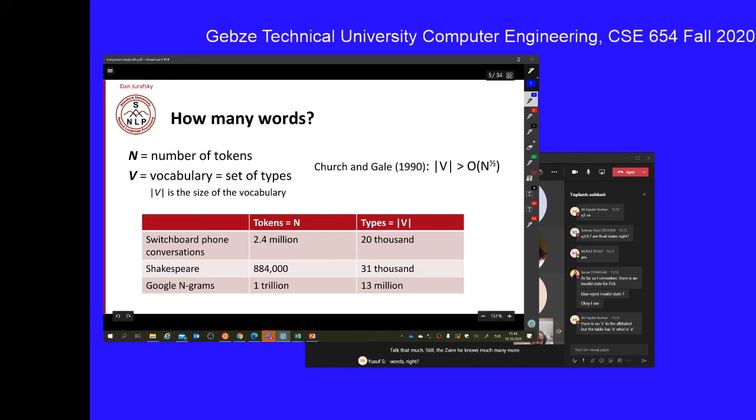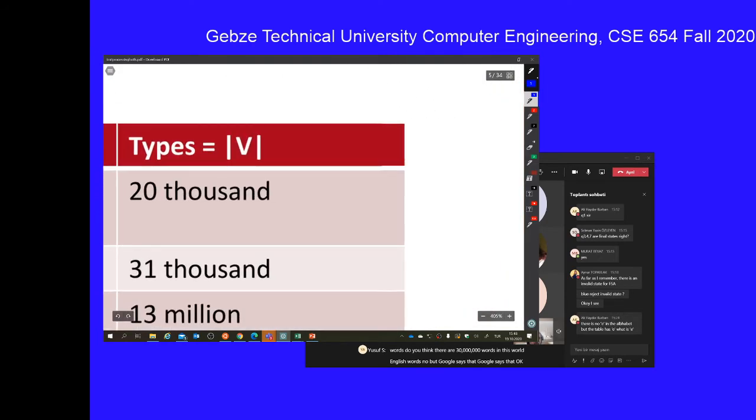Google Ngrams is a dataset where Google collected by scanning all the printed text. They say that they have a total of 13 million words. Do you think there are 13 million words in this world, English words? No, but Google says that this is a word, this is a word too.